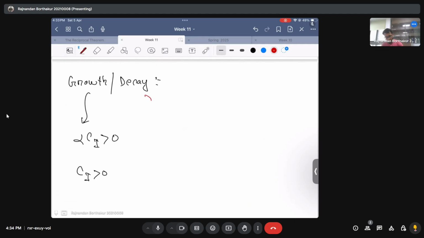If I have a decay, alpha ci has to be less than 0, meaning that my ci has to be less than 0, because your wave numbers are just a positive number.